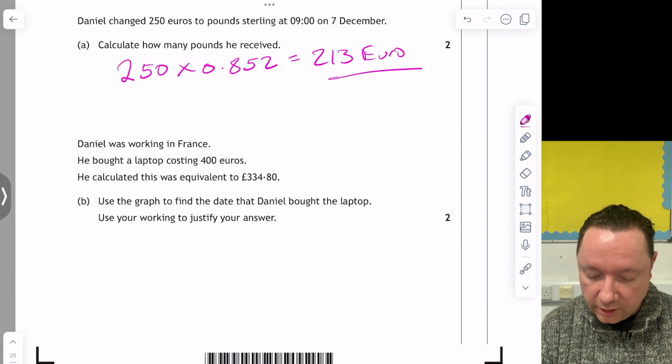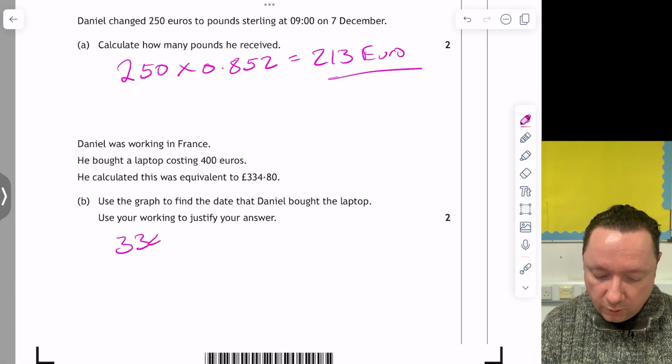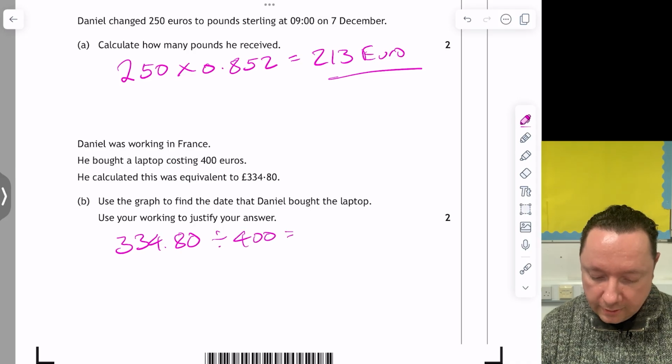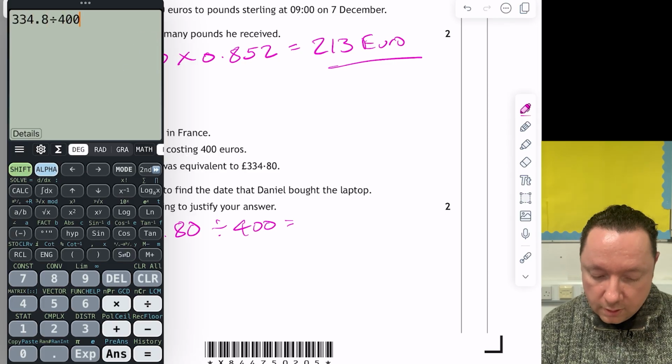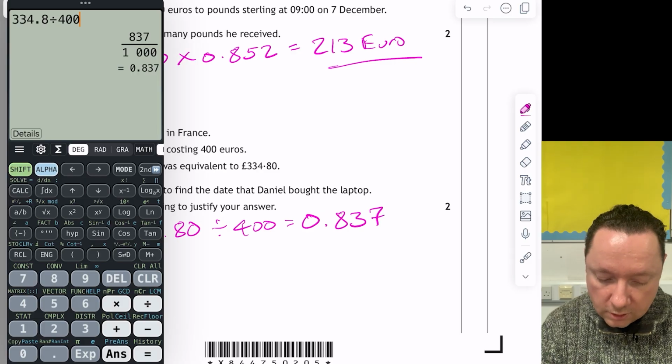So to work out the exchange rate, I'm going to do 334.80 divided by 400. In a calculator, that gives me 0.837. And now all I need to do is go back up to here.